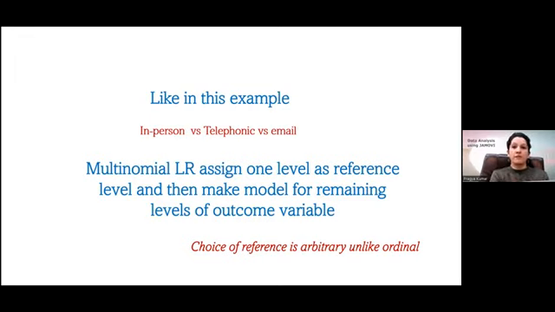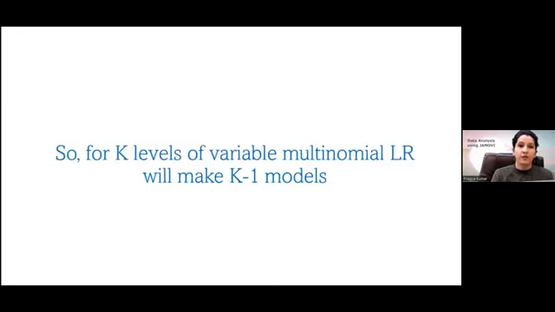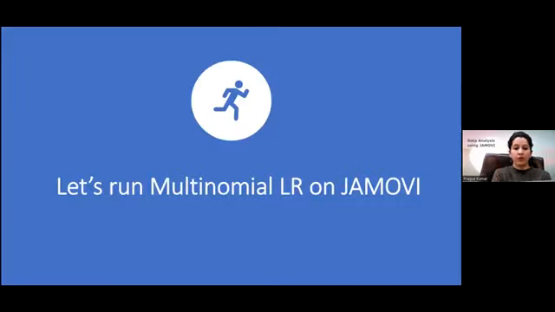The choice of reference is arbitrary, unlike ordinal, where you have to take the lowest category as reference. Here you can change the reference level depending on your research question. For k levels, multinomial logistic regression makes k minus 1 models. That means if you have 3 levels of a category, it makes 2 models.